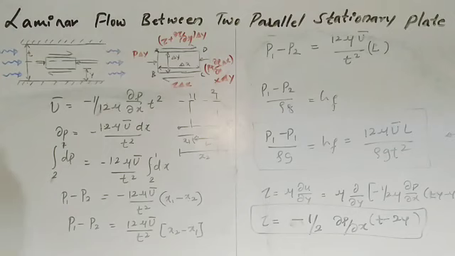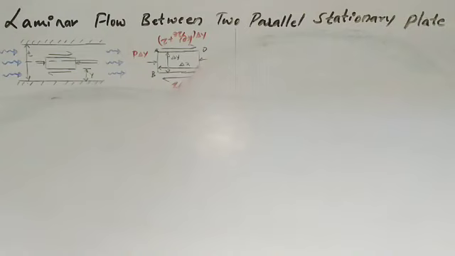So first, what is our shear stress distribution? The shear stress distribution for laminar flow between two parallel plates is tau equals minus 1 by mu dou p by dou x into t minus 2y.